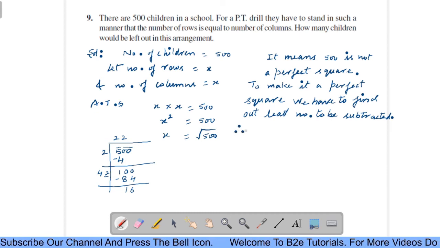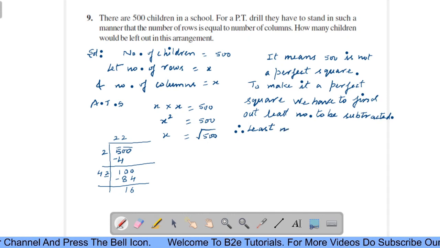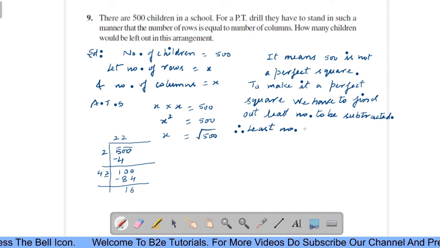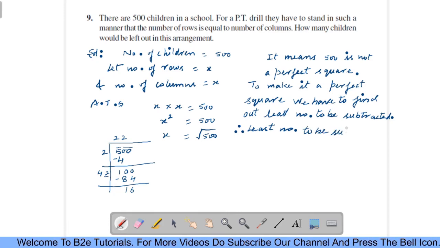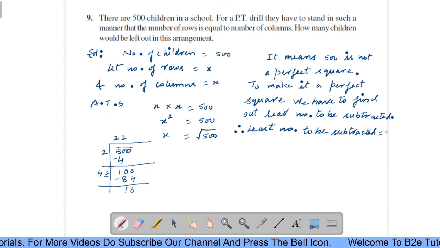Therefore, the least number to be subtracted, it is 16.